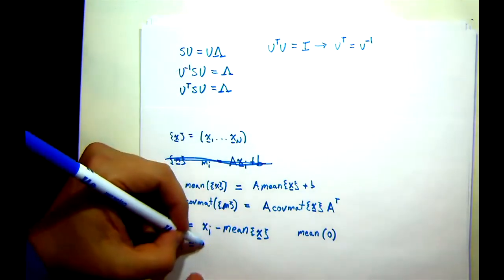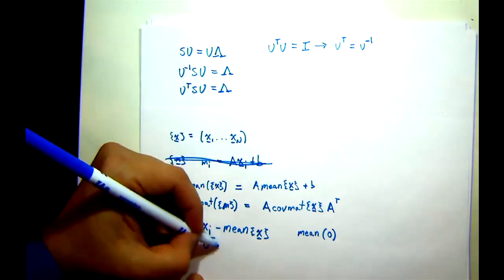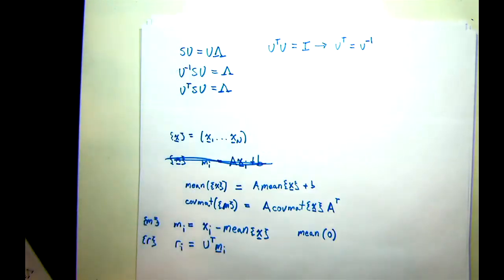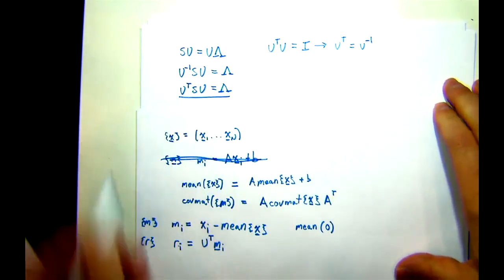And the transformation we want to use is U^T. So we're going to rotate into this new space where U^T is defined by this particular thing.